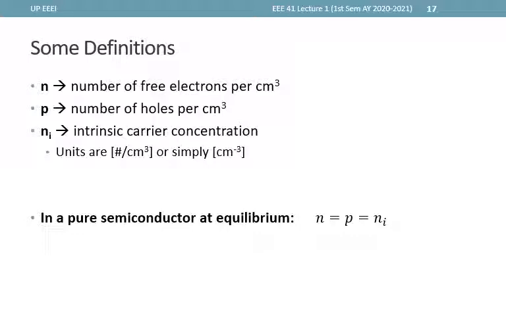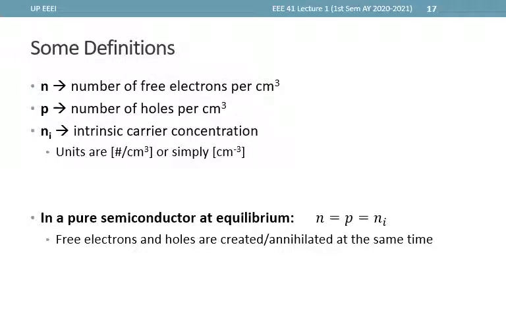So the average effective number of electrons or holes per cubic centimeter will be the Ni, and that is unique to the material, or a characteristic of the material, at a specific temperature.